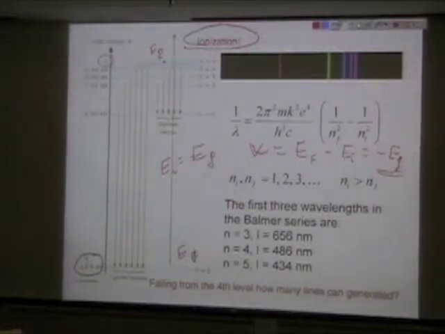Well, we also can ask a question. For example, let's say the atom is in a ground state. If we apply a photon with the energy of 9 electron volts, can this photon excite this electron?